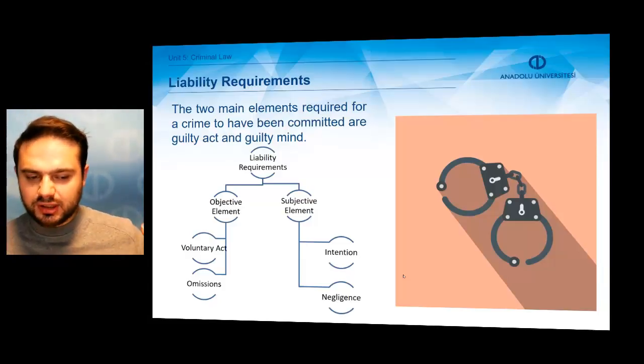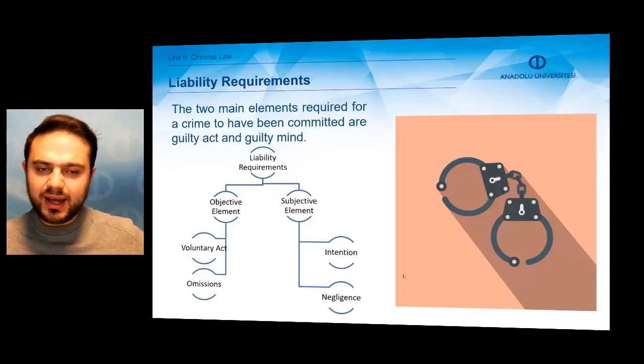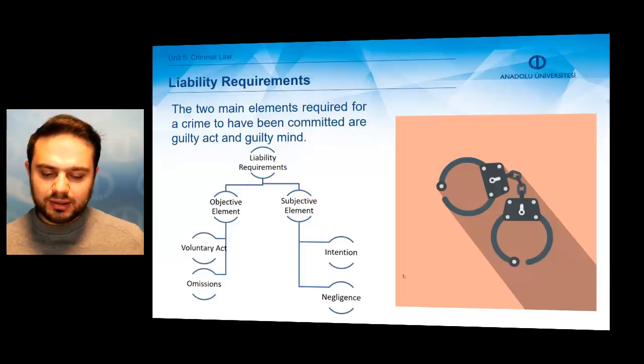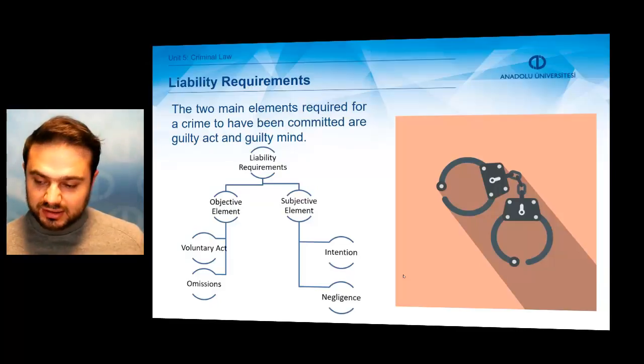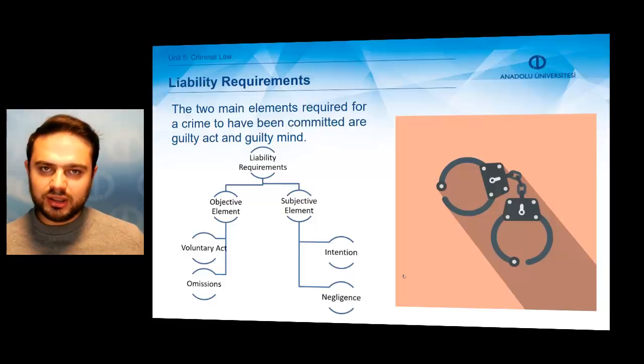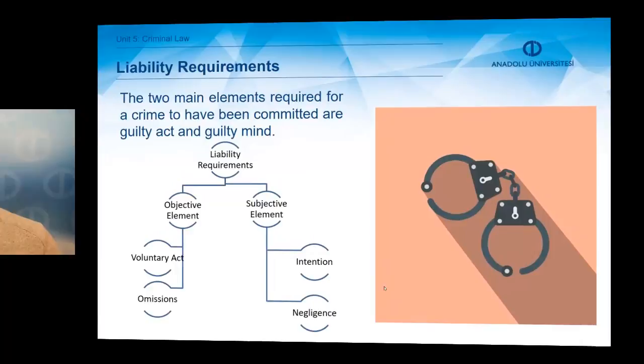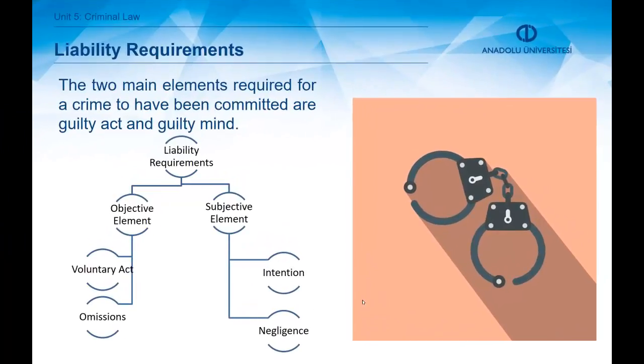If a person does an act which is defined as a crime in the Turkish Penal Code, can he be punished? Does he have the capacity to commit a crime or the capacity to get punished?